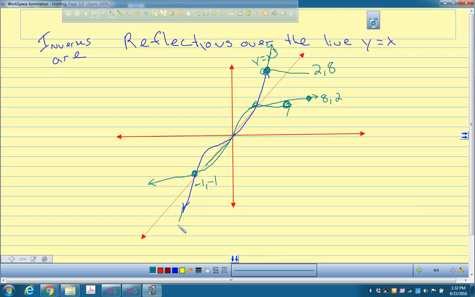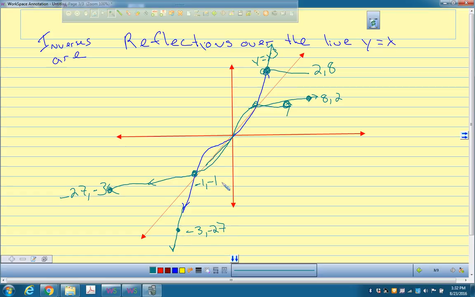What's the cube root of -27? -3. So if this has -3, -27 on it... sorry, if this has (-3, -27) on it, what's this going to have on it? Switch places with the x and the y: -27, -3.